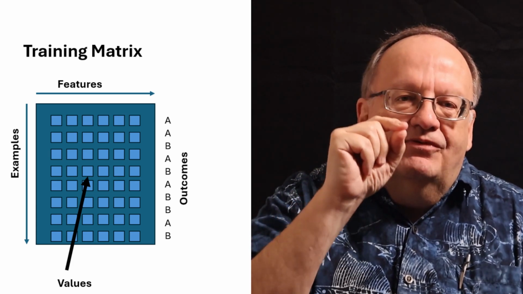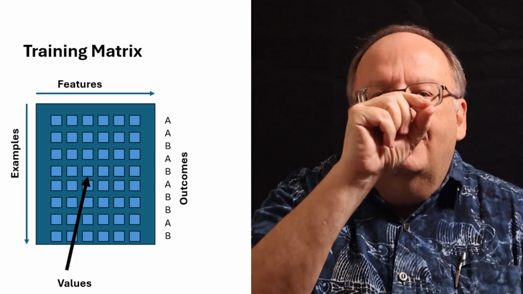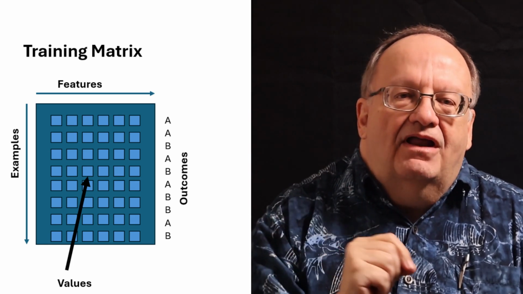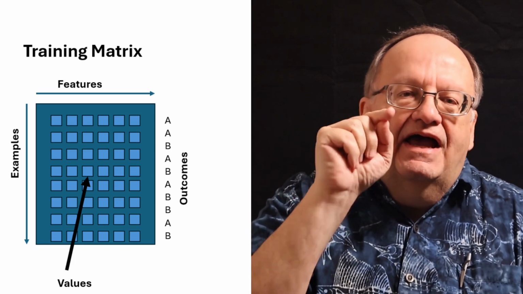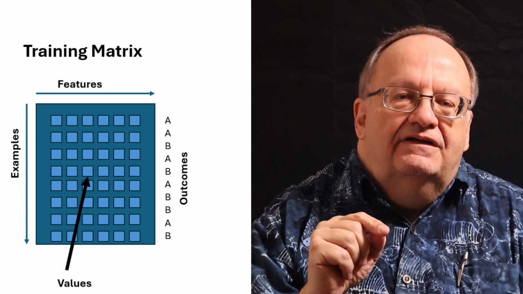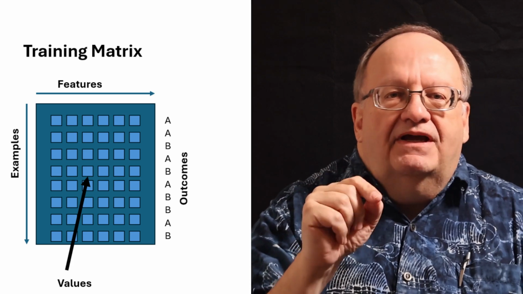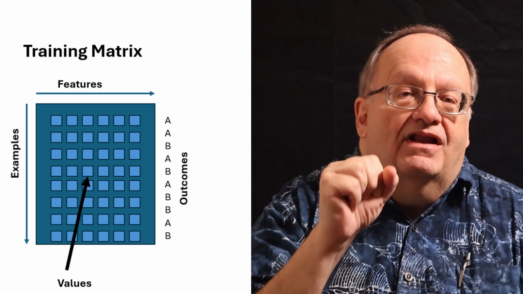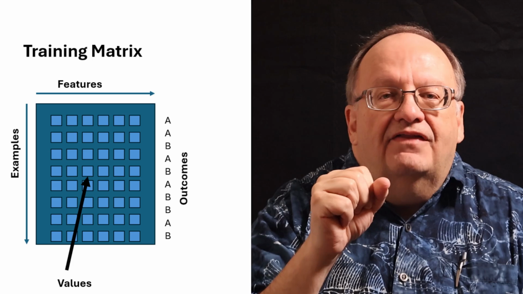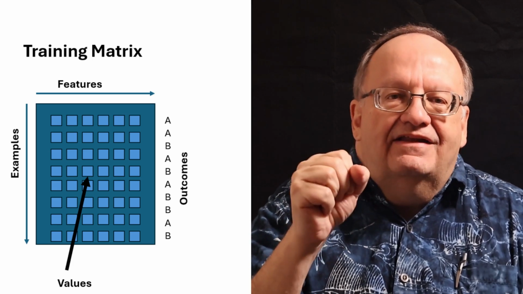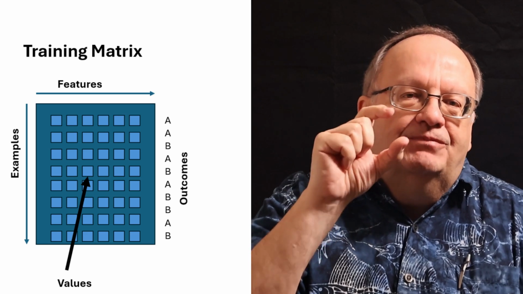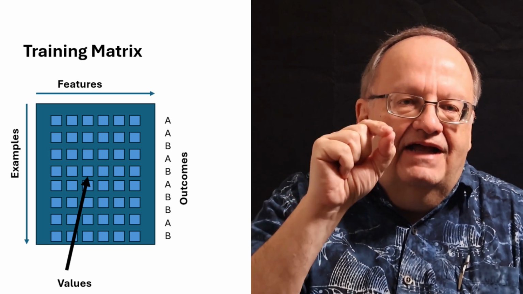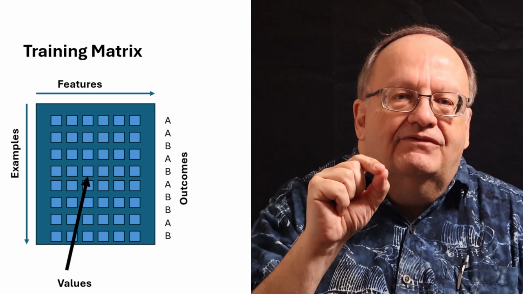So we have an example from every mass spec run and features each of the unique molecules that were detected. The values inside are the abundance. Now on many mass specs, this is actually the count of the number of molecules detected. On others, it's a value related to that, but not necessarily exactly that. So this is how much of each particular molecule. That's what goes into the value part of the matrix.